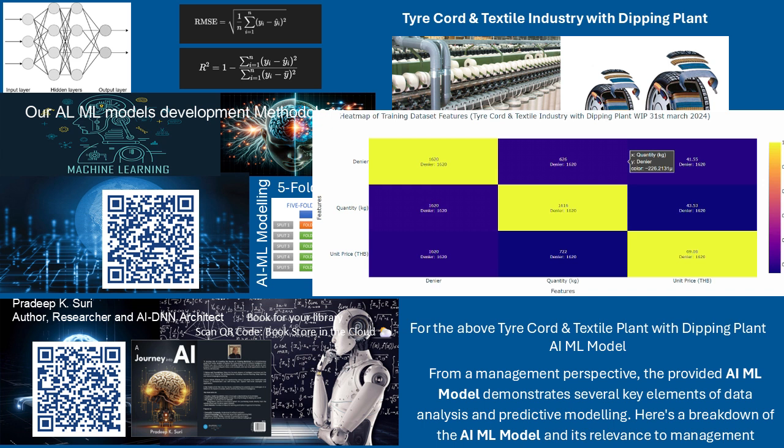Forecasting capabilities: by generating forecast data for future years, the program supports strategic planning and resource allocation. 3. Predictive modeling: using machine learning models like random forest helps in predicting WIP values, which can influence decision-making and strategic initiatives. 4.